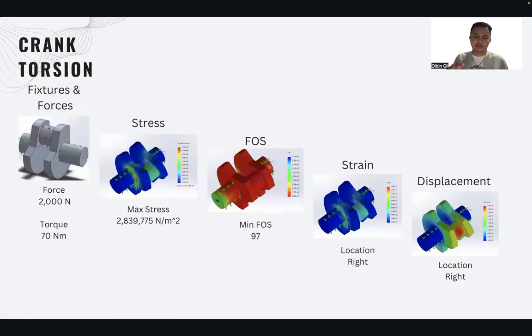So if the same crankshaft is analyzed but in a horizontal position, this part encounters a torque of 70 Newton meters, a max stress of 2 million pascals, a lower minimum factor of safety 97, and a lot of the strain and displacement happening to the right of the part.